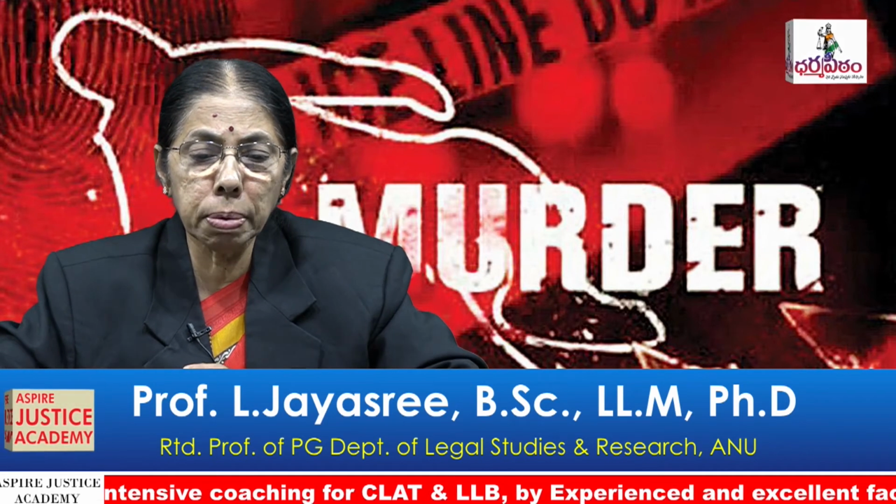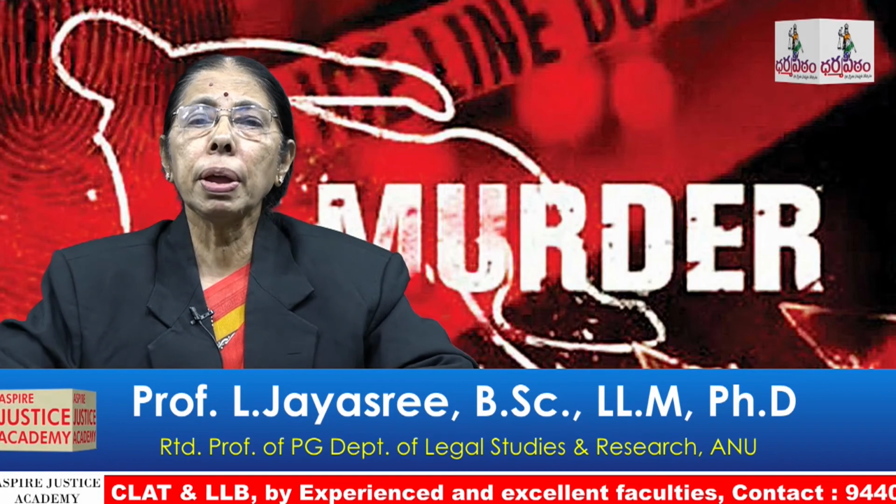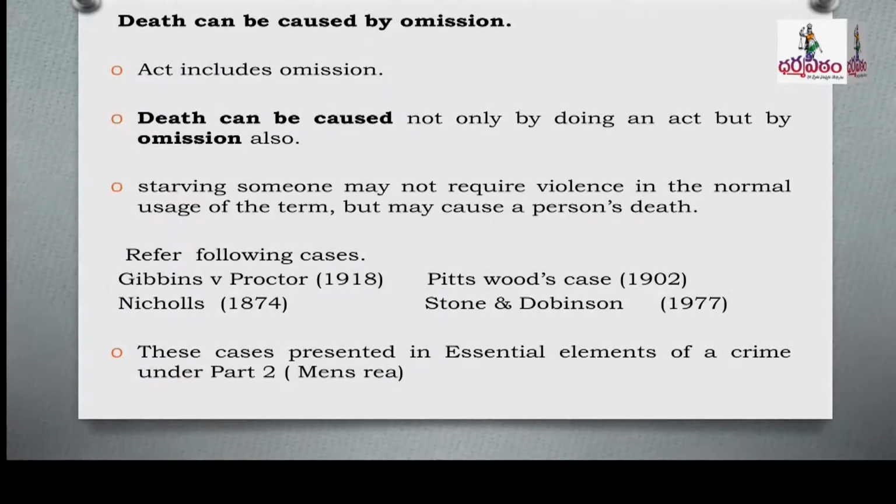These are the cases. Gibbons versus Proctor: here the parents failed to feed their child and caused its death by starvation. So the parents were held guilty of the offense of murder. Pittwood case: what is the duty of the gateman? The gateman is to close the gate whenever the train approaches. Suppose he did not close the gate while the train was coming, and a person crossing the track was hit by the train and died.